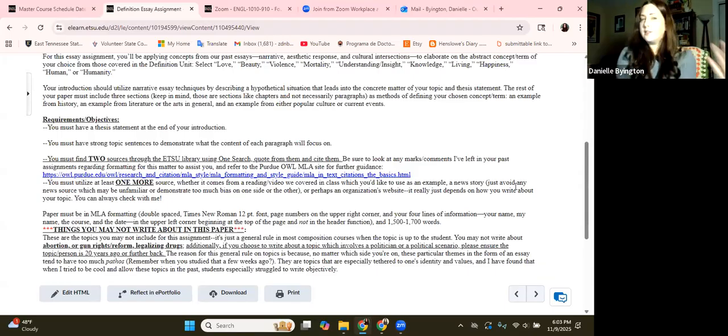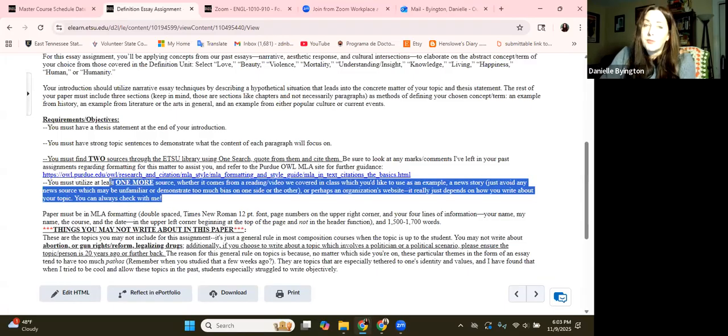It just is talking about the thing you're talking about, and that would be fine as an example. It's just kind of open on that last one. It's not limited to the ETSU library website like those first two are. On this one, for some people, that's a learning process of what's acceptable and what isn't.